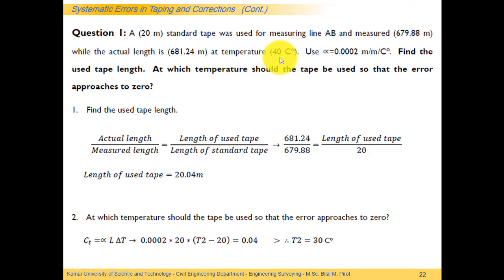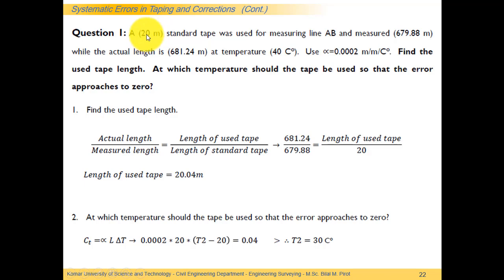At the temperature of 40, this is the temperature of the environment, use alpha 0.302, and this is the alpha of the tape. So find the used tape length. We have to find the true length of the tape, because this is the standard length of the tape.